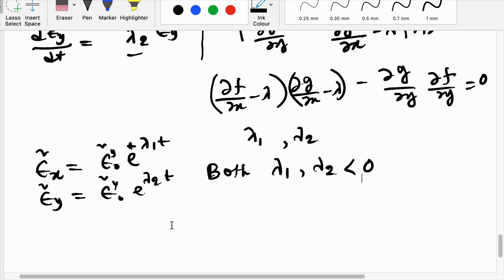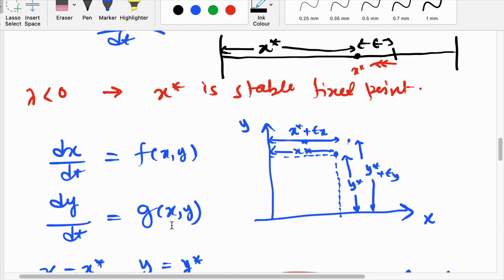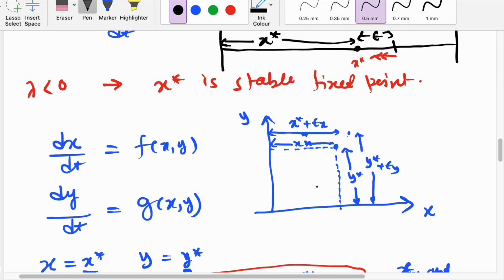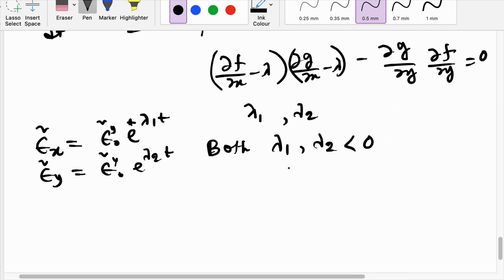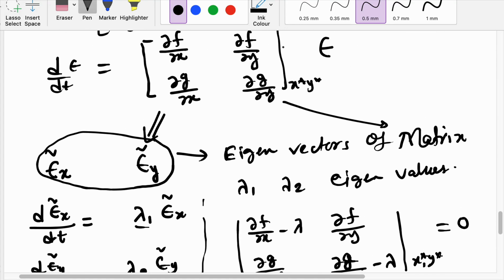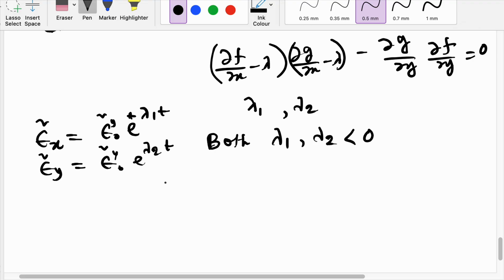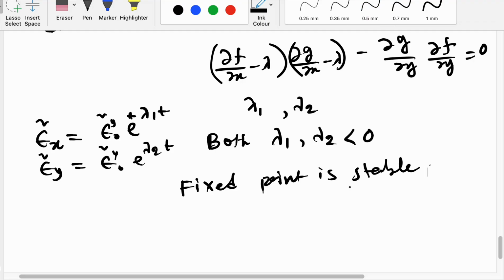So we can say that these fixed points are stable. When the eigenvalues coming from this matrix are both negative, then we can say this fixed point is stable, and otherwise we can say this point is unstable.